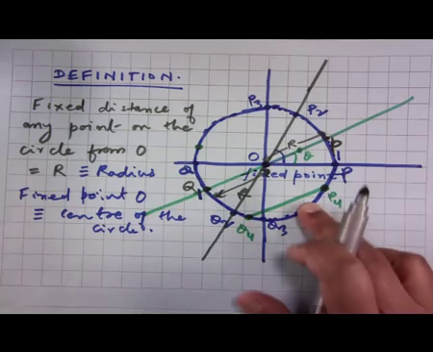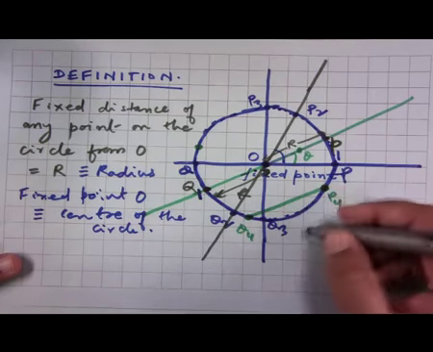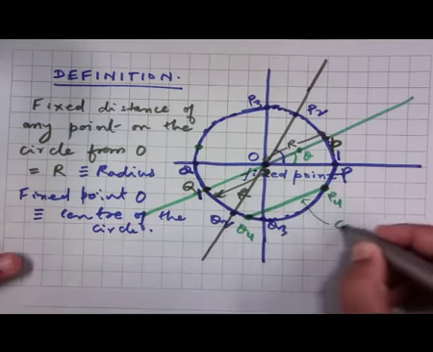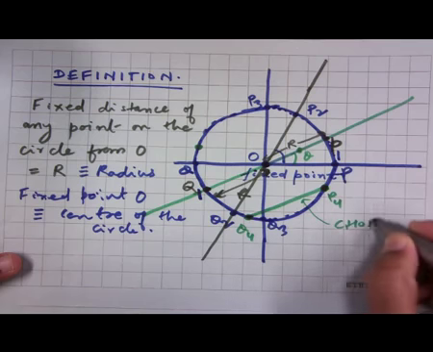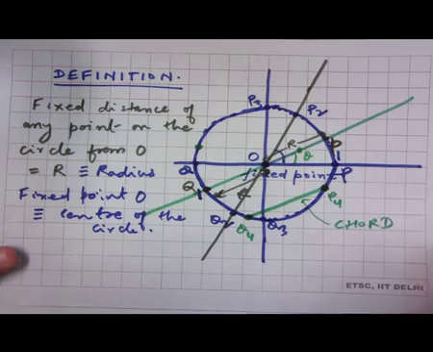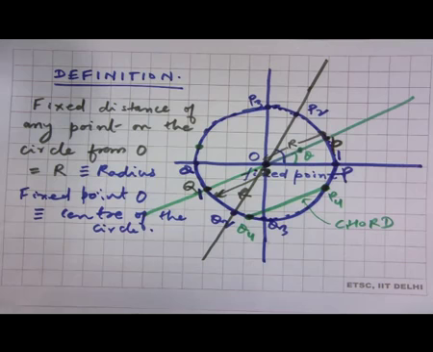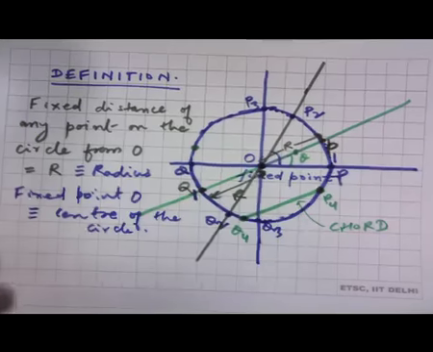Then such a line segment is called a chord. So, a chord is a line segment joining any 2 points on the circle.